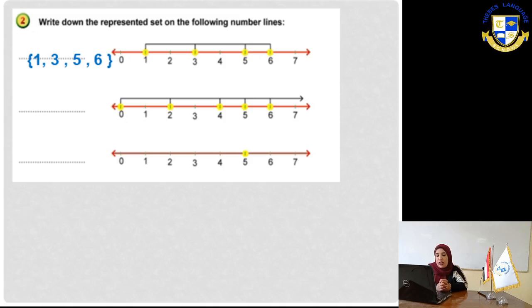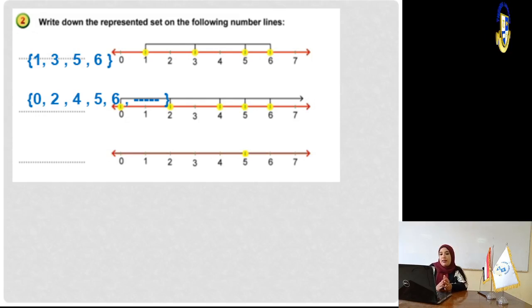Which elements does it include? 0, 2, 4, 5, and 6. So it's the set of 0, 2, 4, 5, and 6 and so on. When you find the arrow, that means it's an infinite set. Okay, third one, on the number line you can find a dot on 5 only, so the answer will be the set of 5.